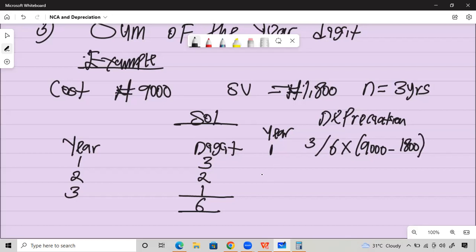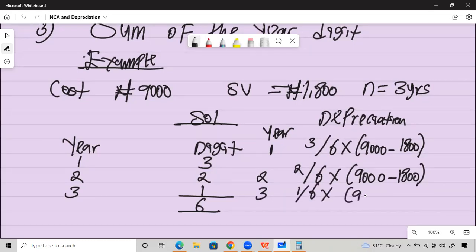For year 2, it will be 2 divided by 6 multiplied by 9,000 minus 1,800. Whatever you have, you write out. For year 3, it will be 1 divided by 6 multiplied by 9,000 minus 1,800. Whatever you have now, that is the depreciation for each year.